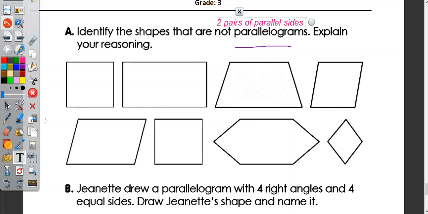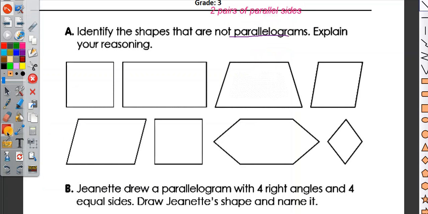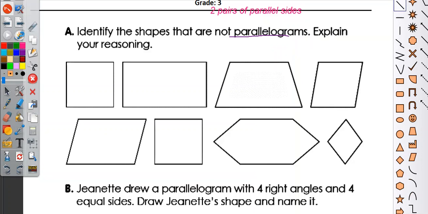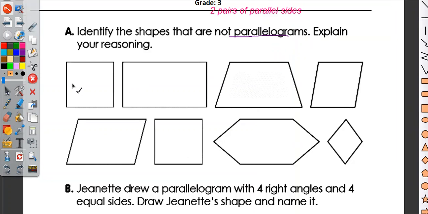Okay, does this have 2 pairs of parallel sides? Yes, it has. So it is a parallelogram. Is this a parallelogram? Yes, it has 2 pairs of parallel sides, so it is a parallelogram.